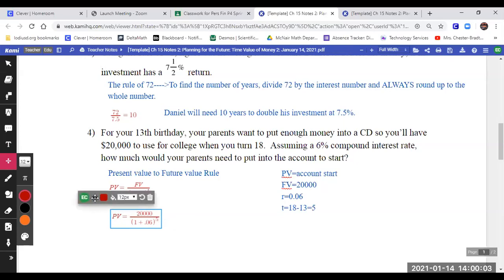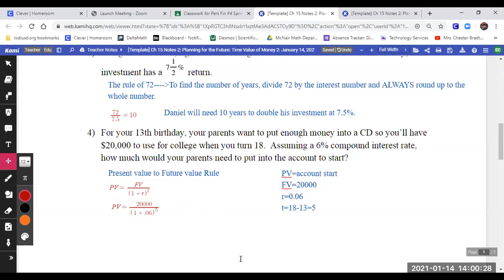Now, if I knew the present value and I was trying to figure out the future value, could I still use this formula? Yes. It just would have the variable on top of the fraction, right?